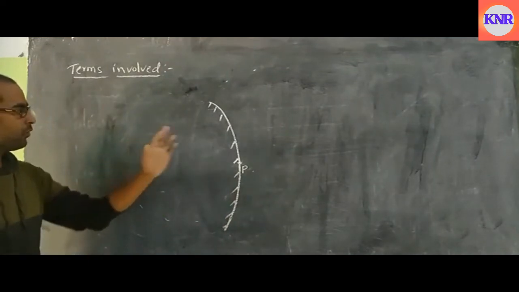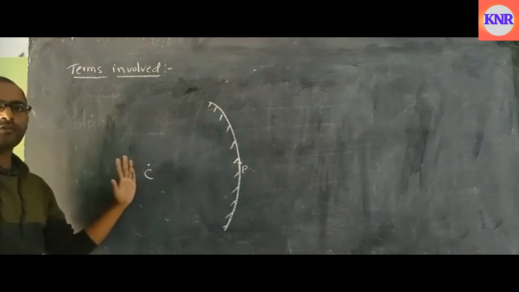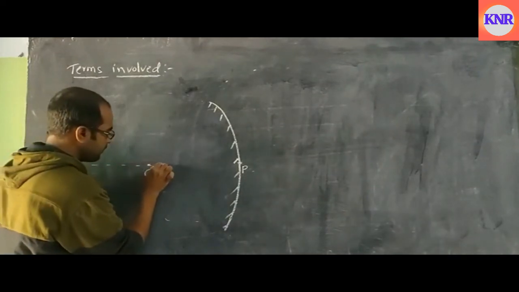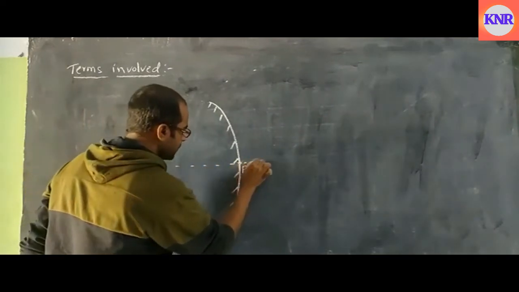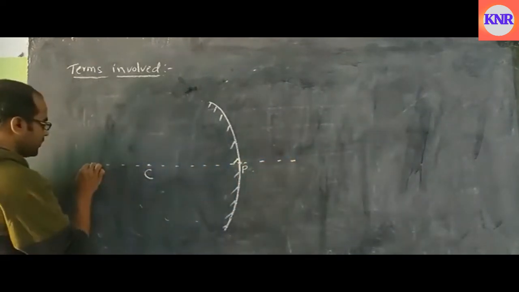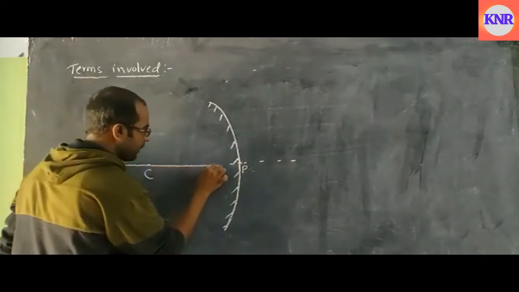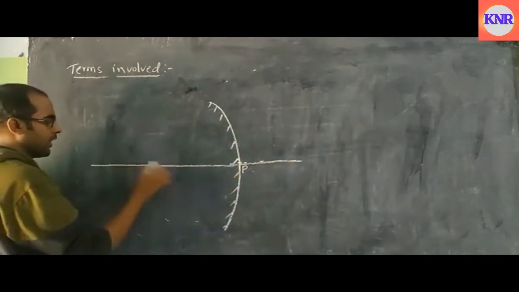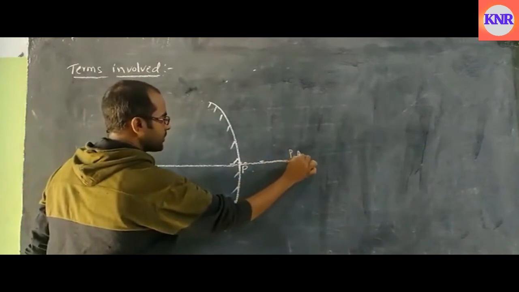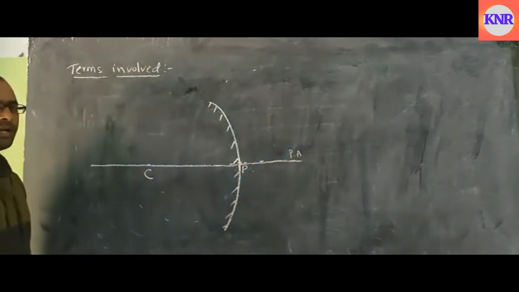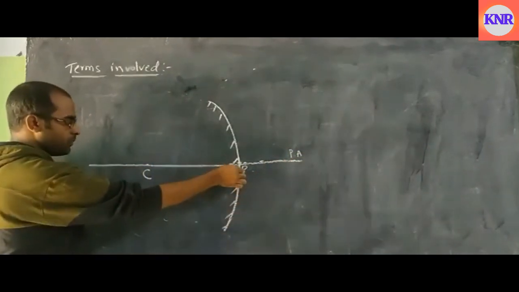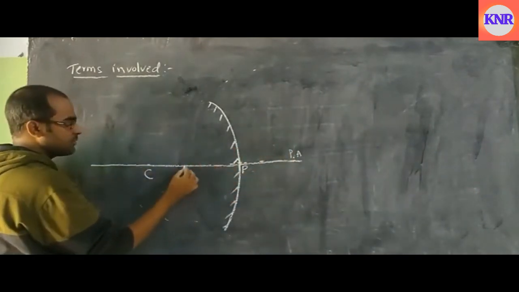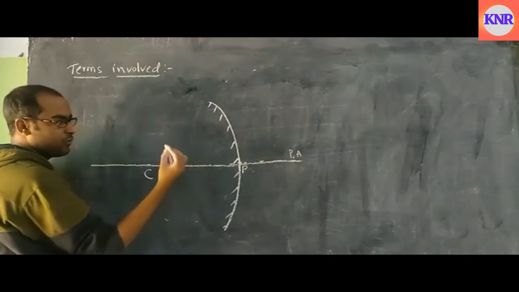Let us join the line joining pole and center of curvature, which is called the principal axis. Pole, center of curvature, principal axis, and next here it will be focus.